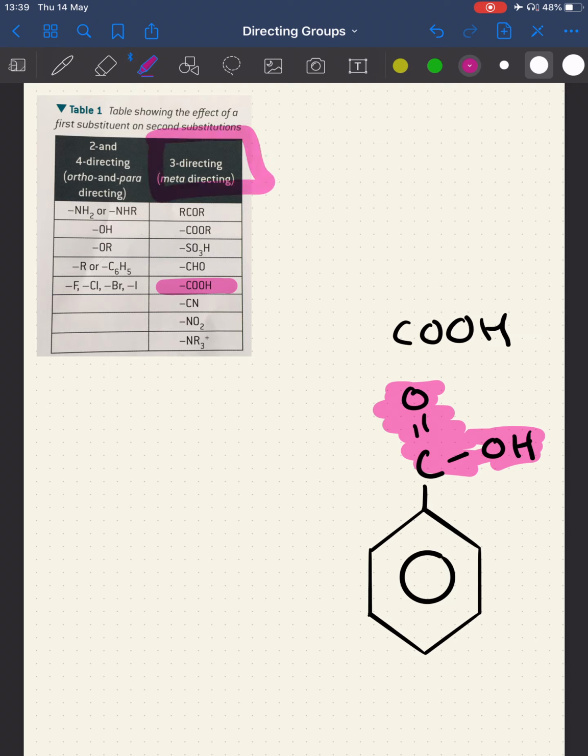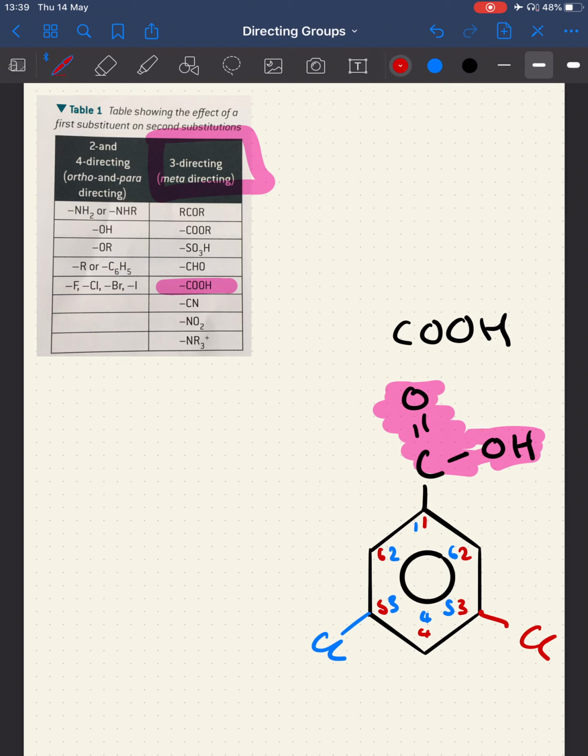Therefore, we're looking at 3 directing. Let's number it up. 1, 2, 3, 4, 5, 6. Directed as 1, 2, 3, 4, 5, 6. That means that we're going to be looking at either a substitution happening here, substitution happening here, but because they are the same position, if we just flip the molecule around, flip it over, we can say that those are equivalent environments.